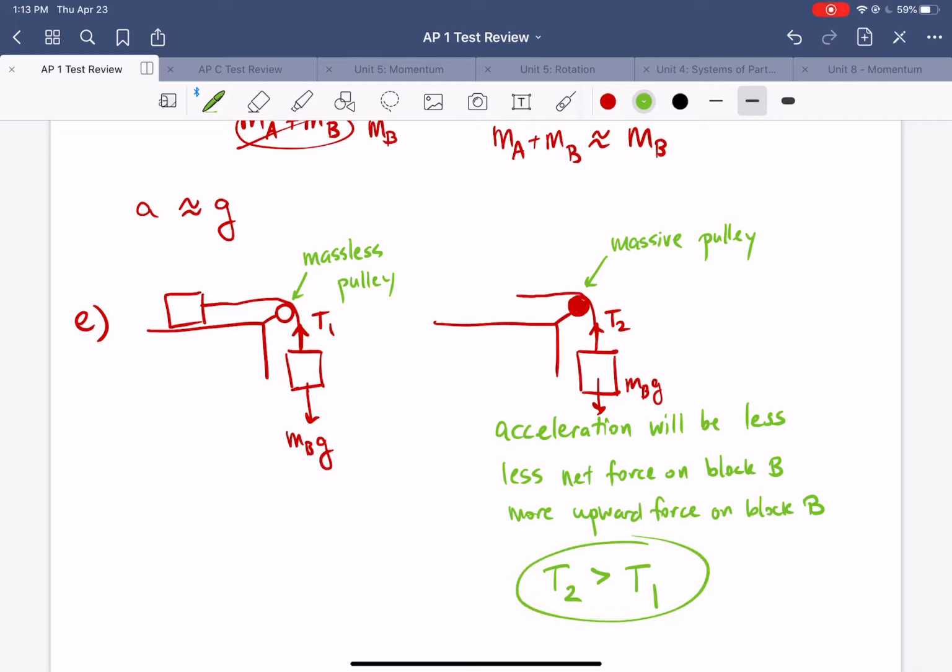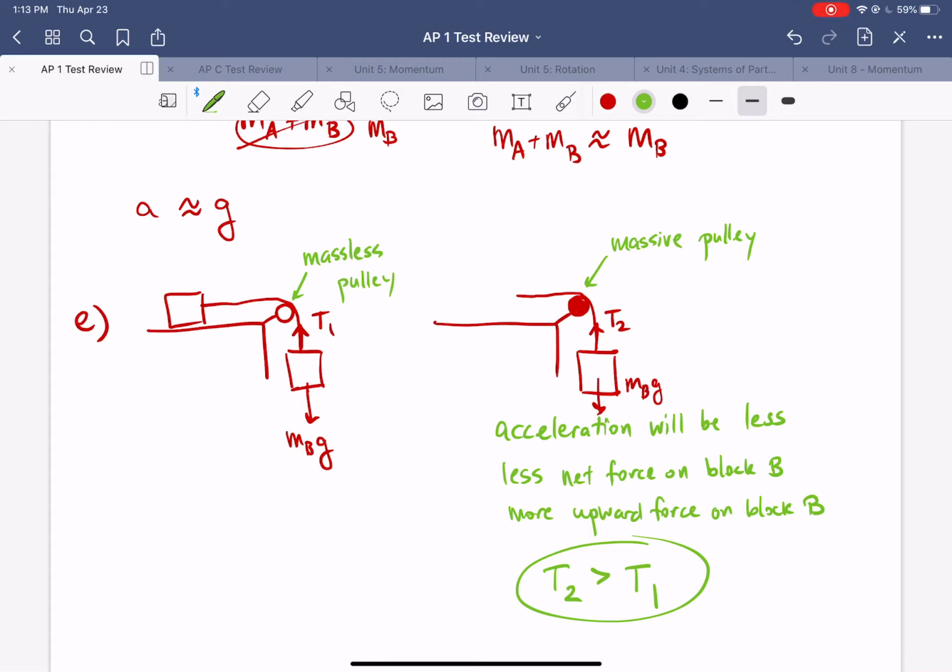So the greater tension force pulling up on the block is going to result in a slower acceleration for the block, and that's consistent with what we would expect if we put a really heavy pulley into the system. It's not going to want to rotate quite as freely as the other one, so it's going to slow everything down.